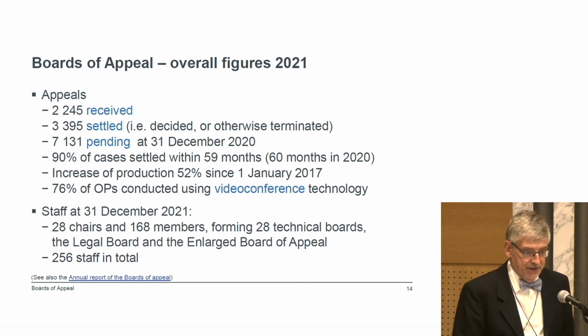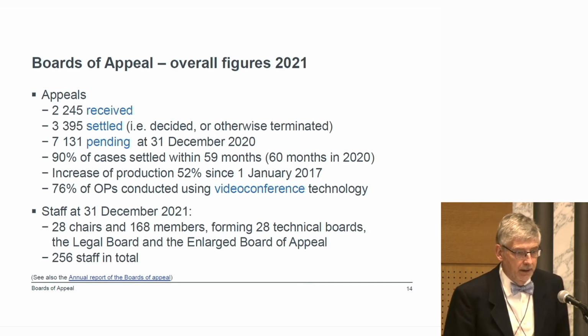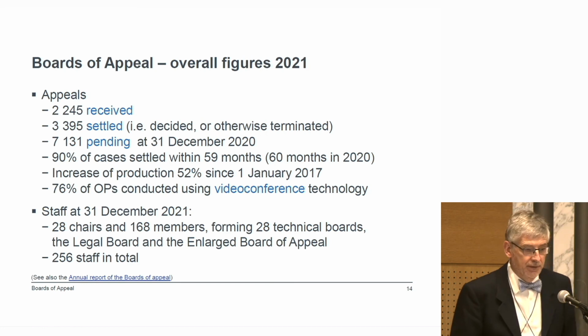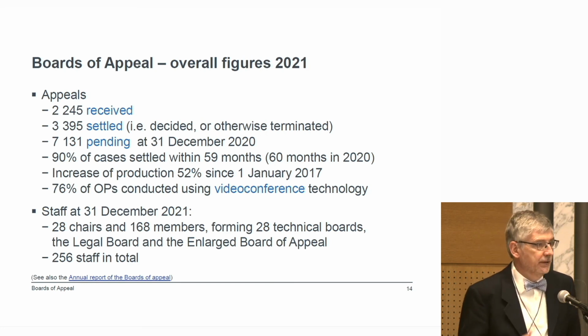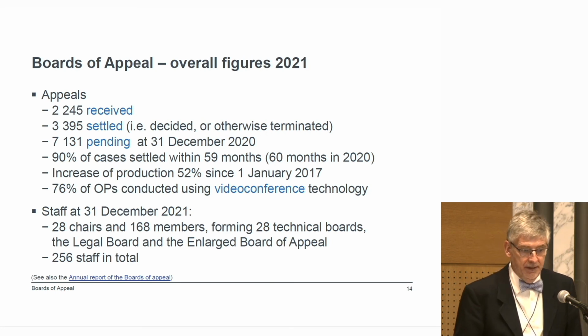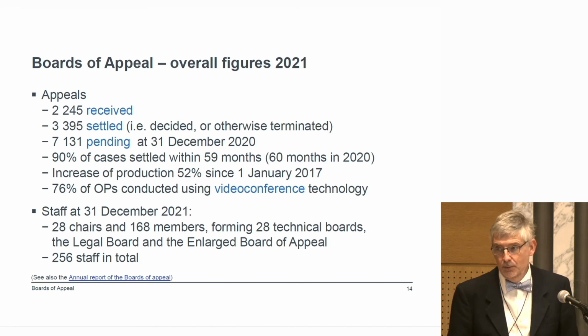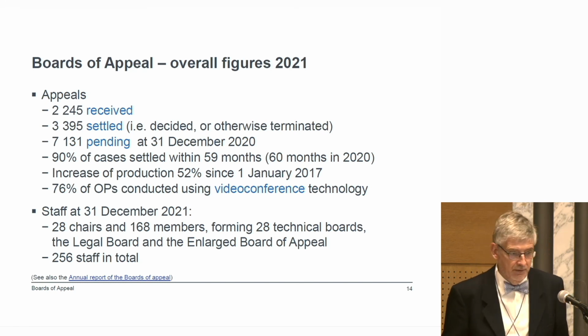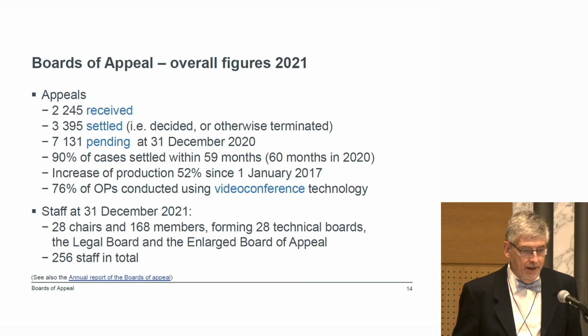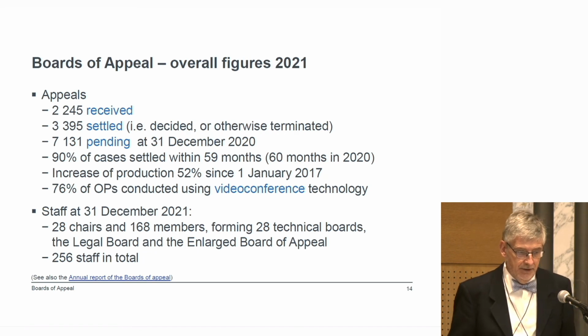The overall figures here: in 2021 we received 2,200 appeals. We were able to settle more, fortunately, due to the overall circumstances. I already gave you the figures of the pending cases this year, even below the 7,000 threshold.